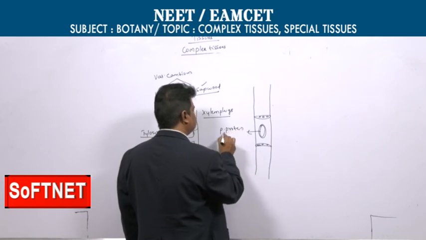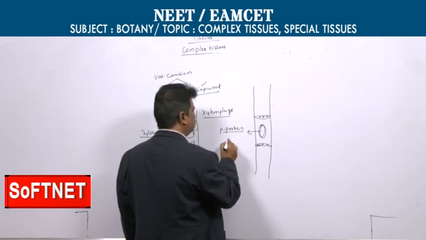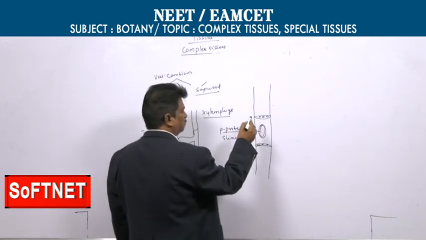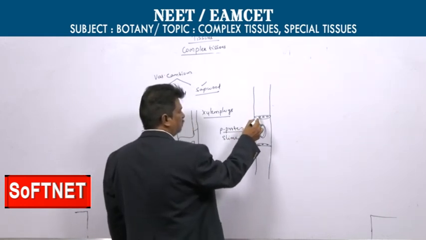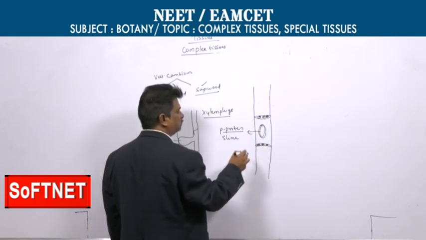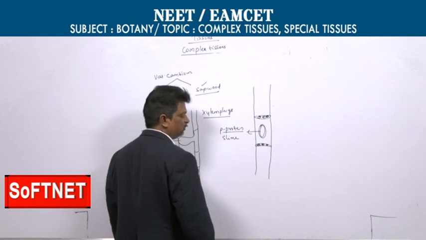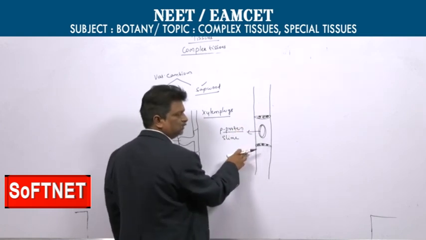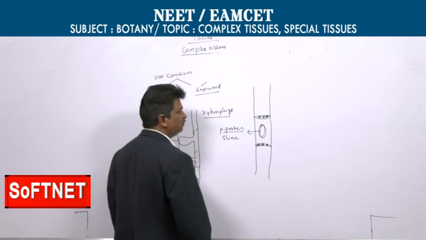This special protein is called P protein or slime. P protein or slime blocks these sieve plates, so conduction is stopped. Generally, it happens in injured phloem.